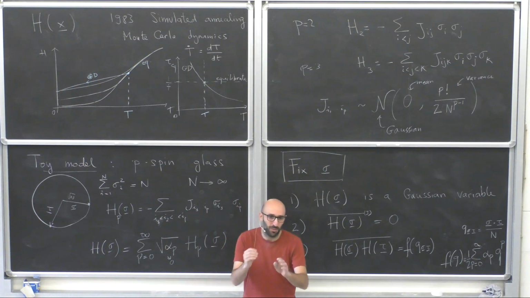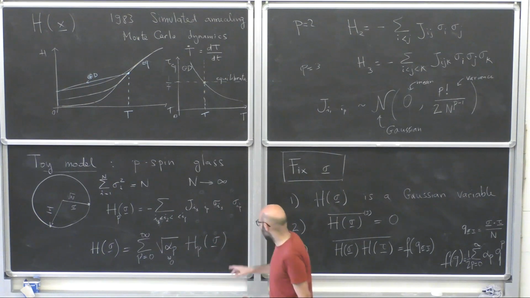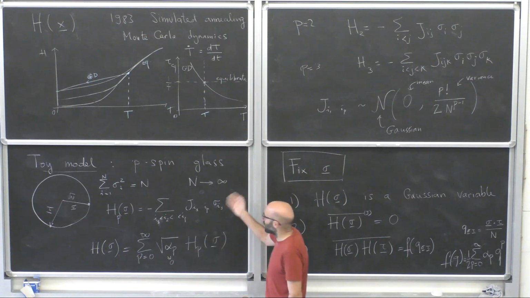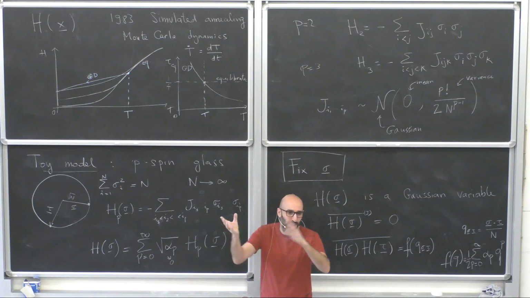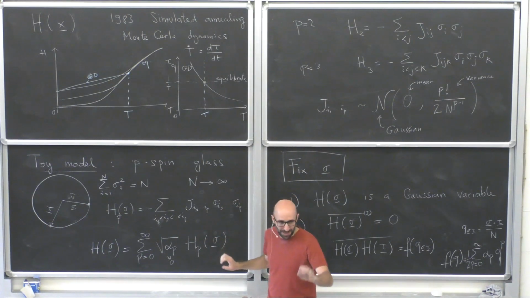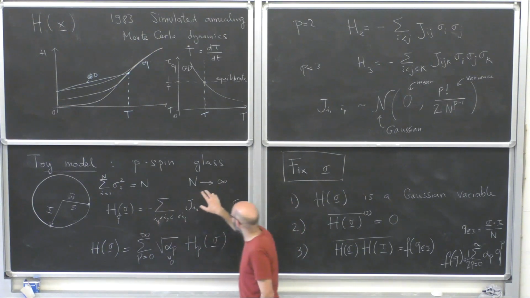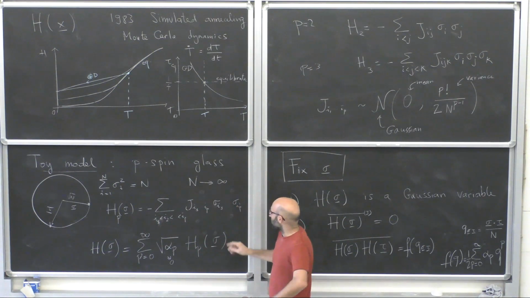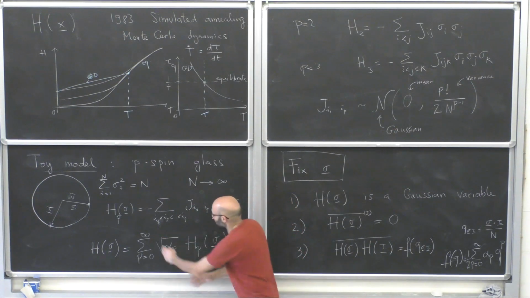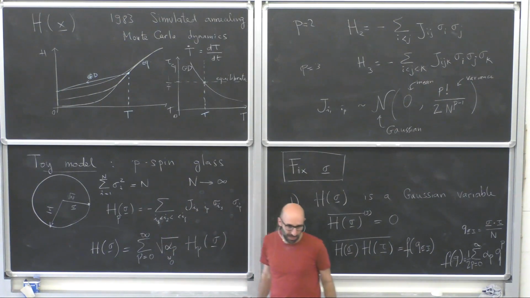Typically, we take mixtures of two values of p. So you mix 2 and 3 body interactions, or 3 and 4. But yes, that's a good point. I'm assuming that p is finite and N is going to infinity. And this sum is cut at some value that depends on N.